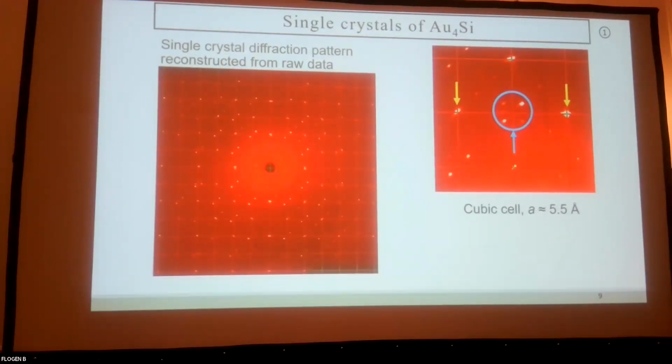This is how reconstructed single crystal diffraction patterns look.